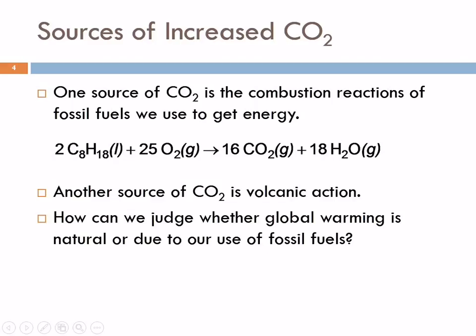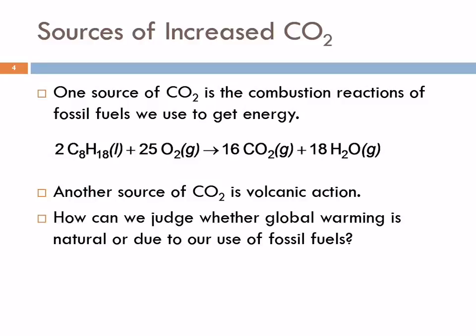So what does this have to do with this chapter? Well, one source of carbon dioxide is the combustion reactions of fossil fuels. Here is a sample reaction of burning octane. Octane reacts with oxygen when it's burned and produces carbon dioxide and water. That is a source of carbon dioxide in the atmosphere.